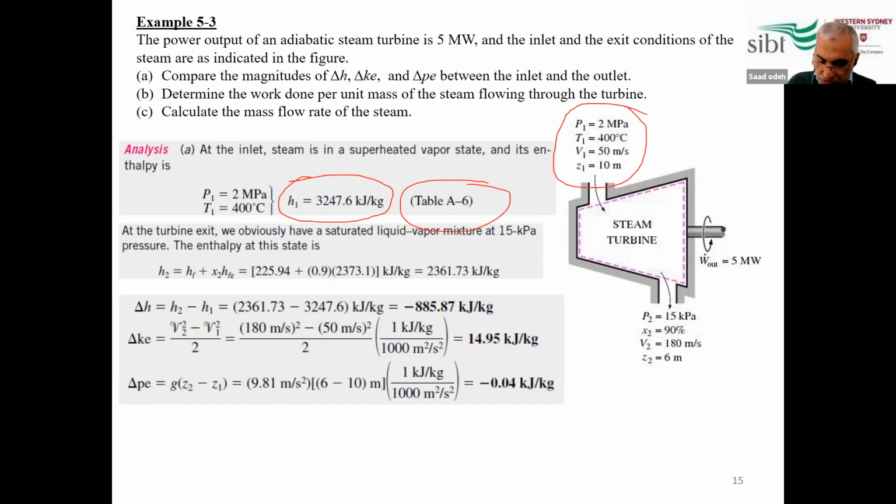I need also H2. We know that H2 is two-phase. The steam phase at the exit is two-phase because, as we said last time, how do we know that it's two-phase? Mervin, how do we know that this is a two-phase at the exit?